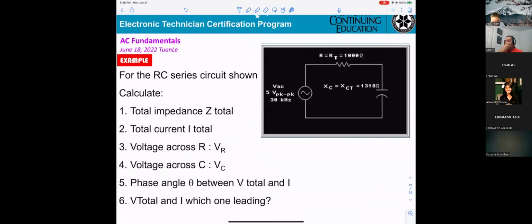Okay, for this circuitry here, we already did it last time. My question is, do you have any questions from number 1 to number 6? I will be helping you. How do we calculate that?